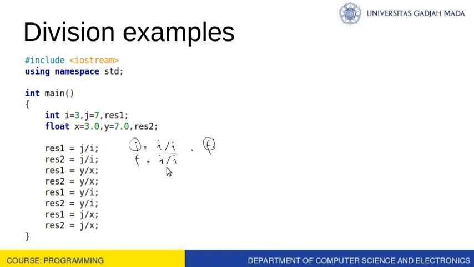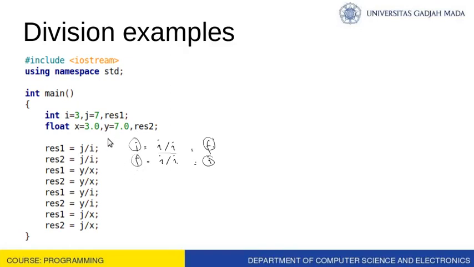I mean that it will run correctly, but you have to be careful that when you do integer divided by integer, this result will be rounded into an integer. So this will be stored in the float, and we don't have any decimal places here. So in this float we will have 0 for the decimal place.